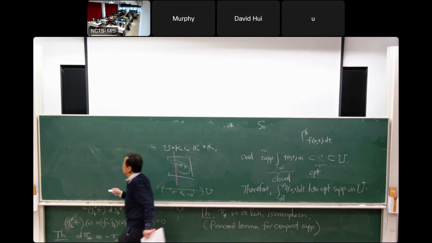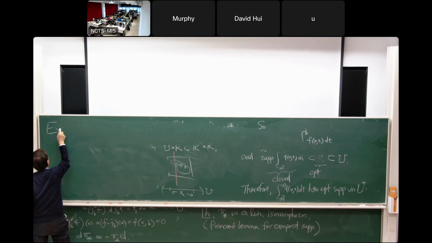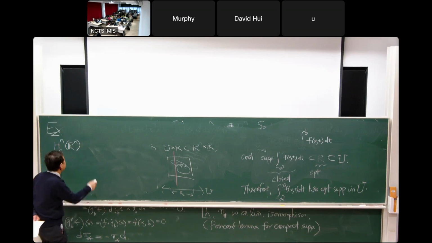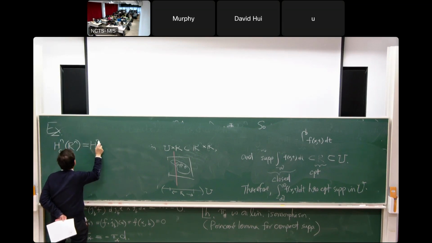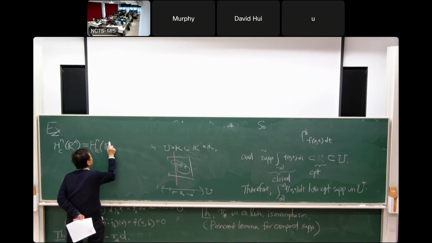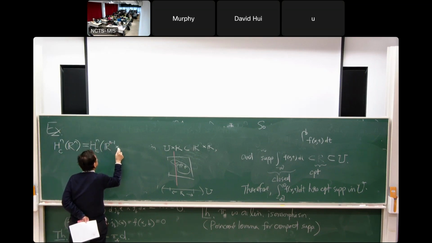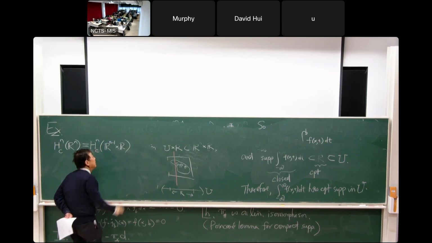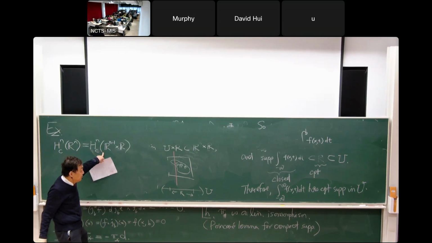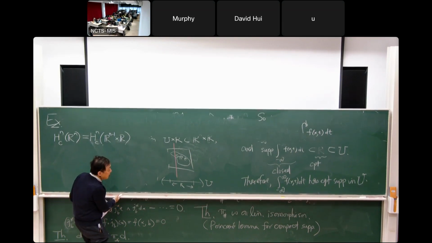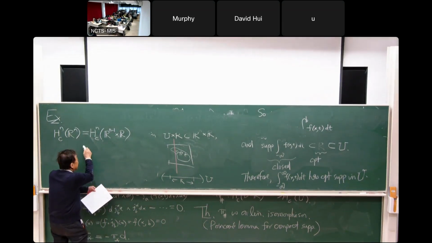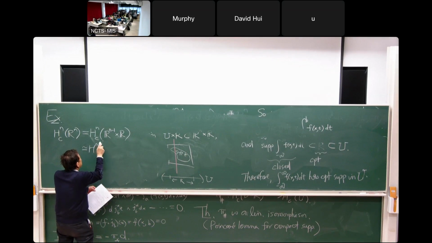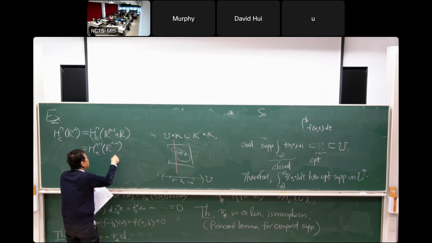So let's look at an example. The cohomology with compact support of Rn in dimension n that you can write as cohomology with compact support of Rn minus 1 cross R. So take that to be U. And Poincare lemma says that this is isomorphic to the cohomology with compact support in dimension 1 less of Rn minus 1.